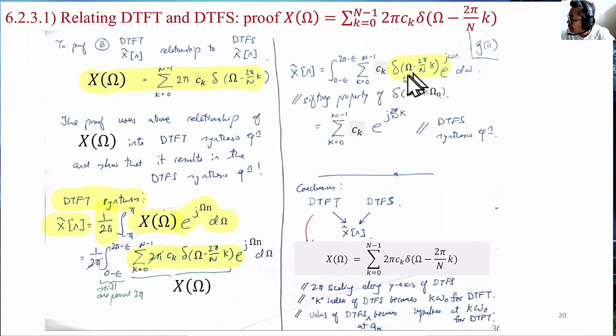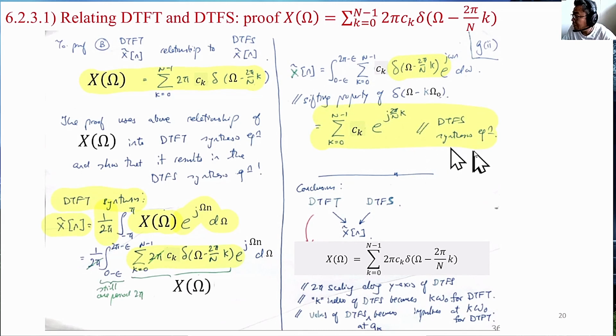Using the shifting property of the delta function, that means this delta function exists only at this particular frequency, multiplied by e^{j omega n}. Therefore, this omega and this omega are the same, and what it implies is that we would be only extracting e^{j omega n} at this particular frequency, reducing the DTFT into the DTFS synthesis equation over here.